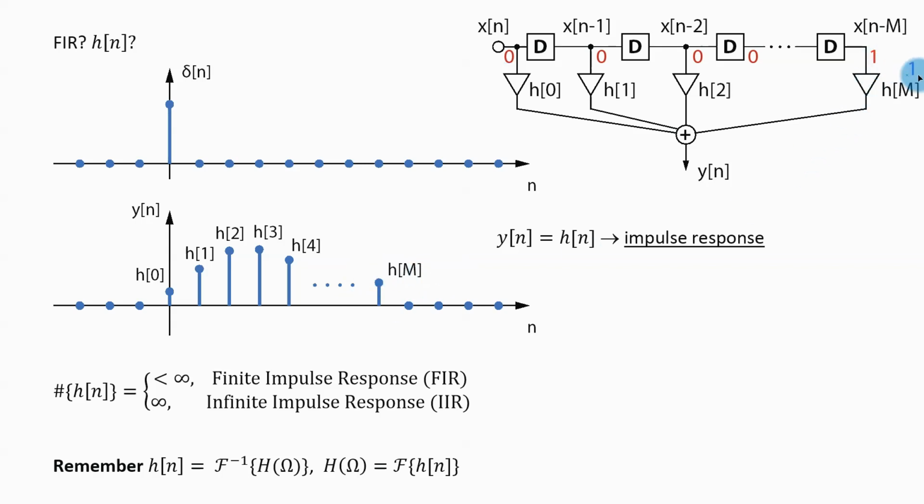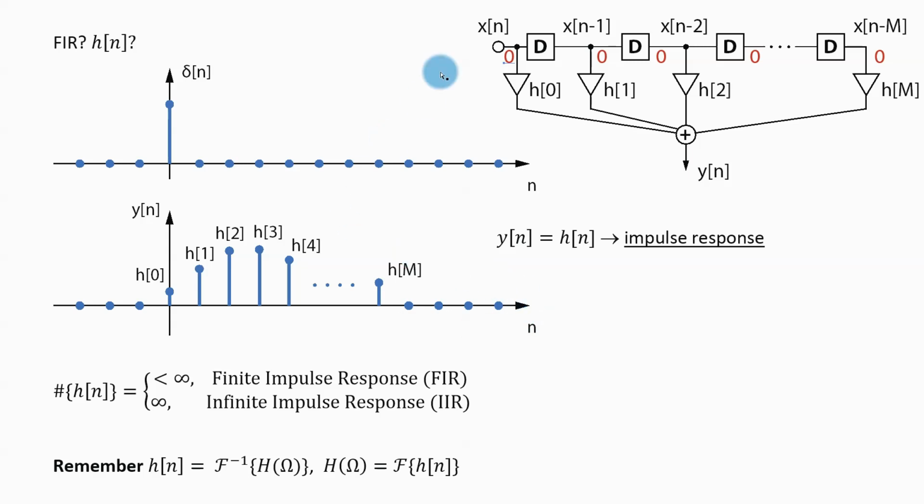Now that number 1 will fall out of the filter, the delay line gets filled with zeros again, and the output will be 0 again. And these zeros you will be able to see at the output.